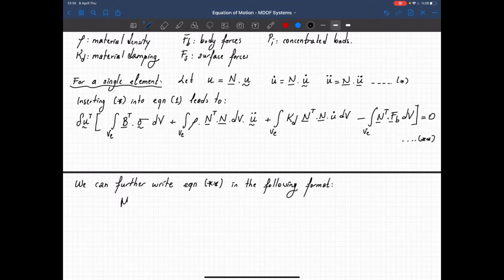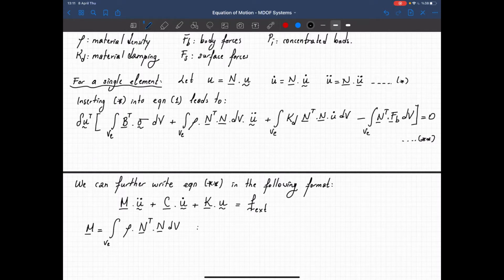So here I have mass matrix multiplied by the accelerations plus damping matrix multiplied by the nodal velocities plus the stiffness matrix multiplied by the nodal displacement should be equal to externally applied loading. Now in that case, the mass matrix can be calculated by rho, N transpose times N and integrated over the volume.